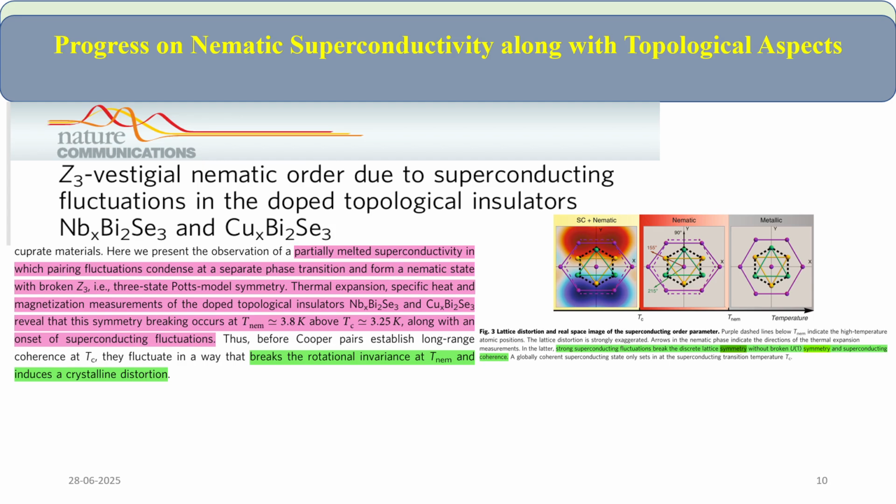This is the superconducting plus nematic behavior with rotational symmetry breaking, and the superconductivity is not the same over the rotation.